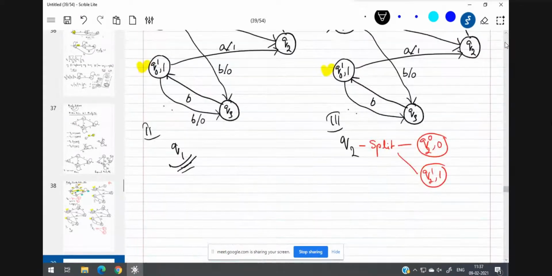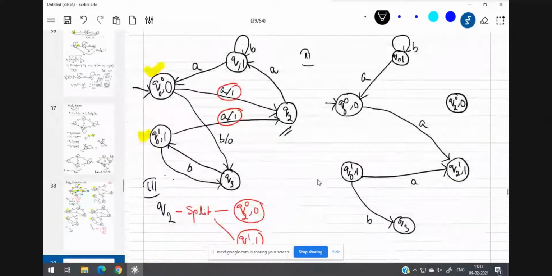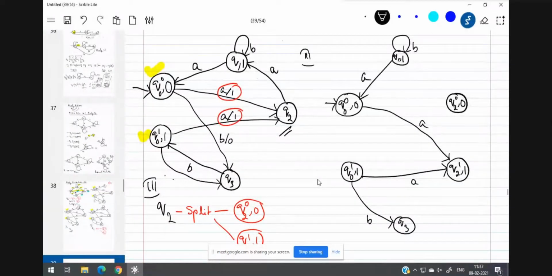What is that? Okay, B by this. B by this. This is a mixture. Right now we are in the process of converting Mealy to Moore, that's why we are mixing everything. Is anything missing around here? No, I guess.